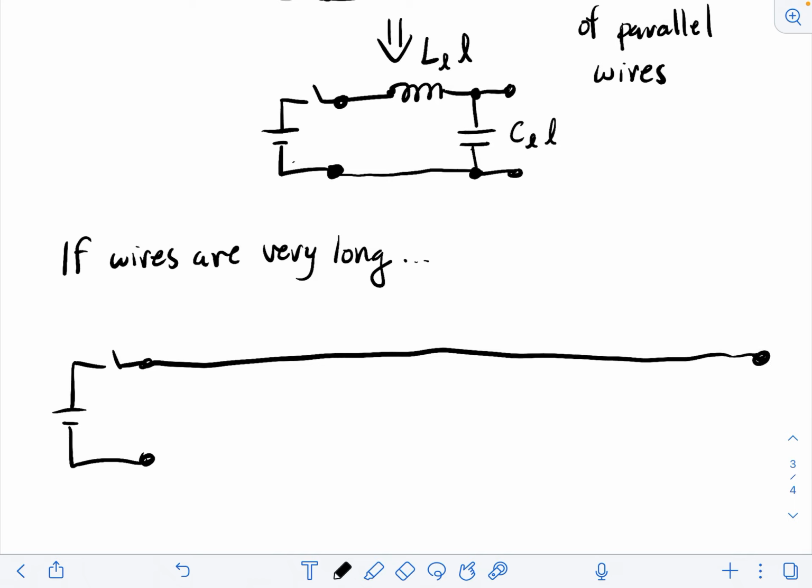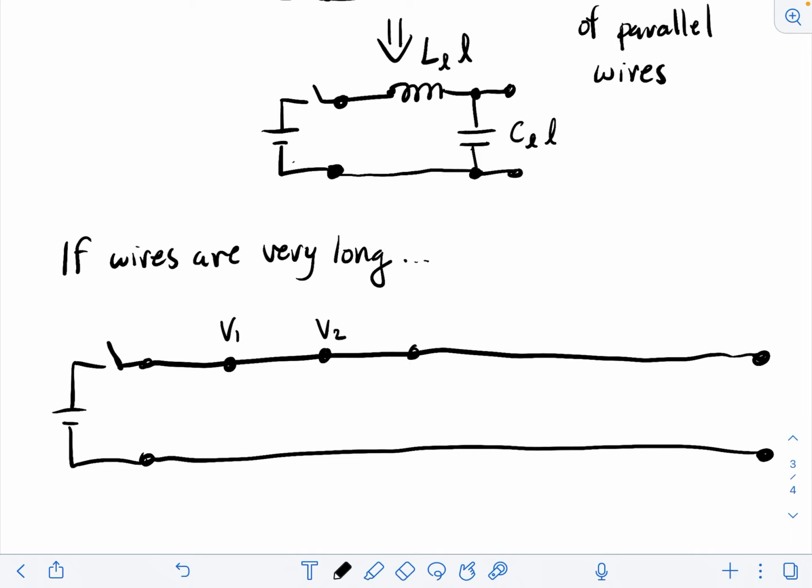We close the switch at time t equals 0, and we set up a situation where we measure the voltage along the wires, the voltage difference between the top wire and the bottom wire at a bunch of different points, at a time t after the switch has been closed.